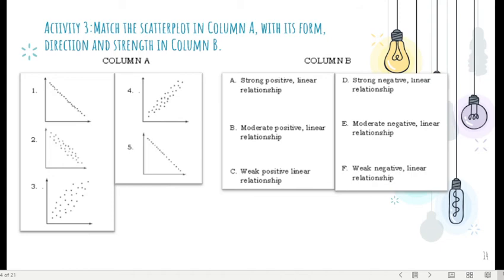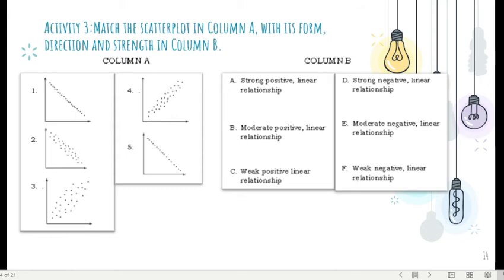Okay, let's do number one. For number one, what is the direction of the graph? Is it going up or going down? It is going down. So therefore, we can say that it has a negative relationship. That is the direction. But what is the strength of the relationship? In our options, we have three negative relationships.